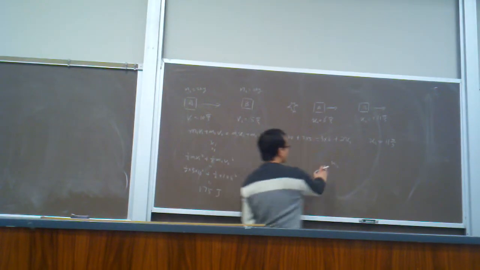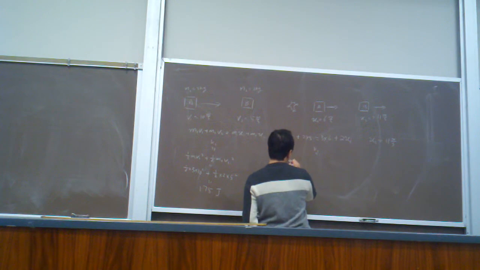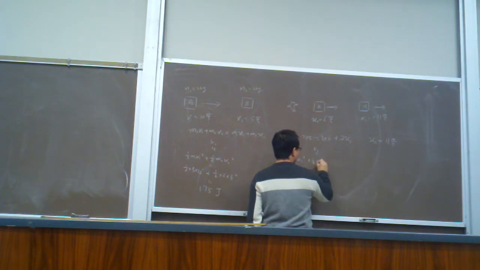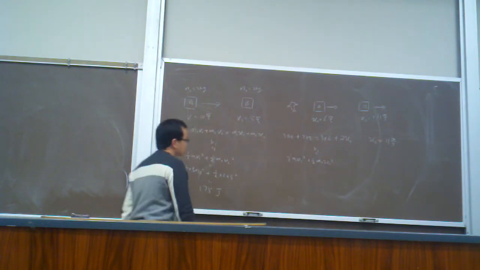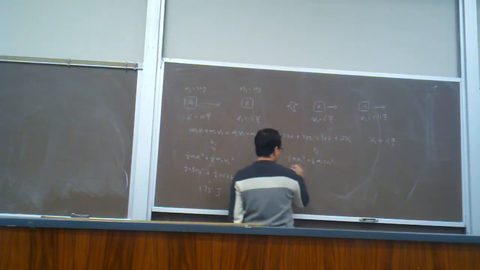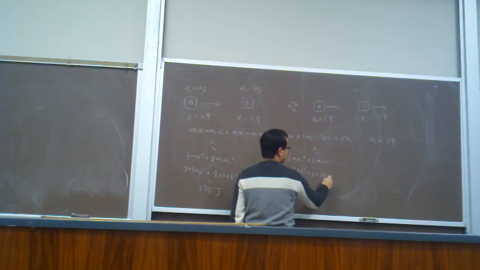Now let's look at our final kinetic energy. It should be 1/2 m1u1 squared plus 1/2 m2u2 squared. This will be 1/2 multiplied by 3 multiplied by 6 squared plus 1/2 multiplied by 2 multiplied by 11 squared.